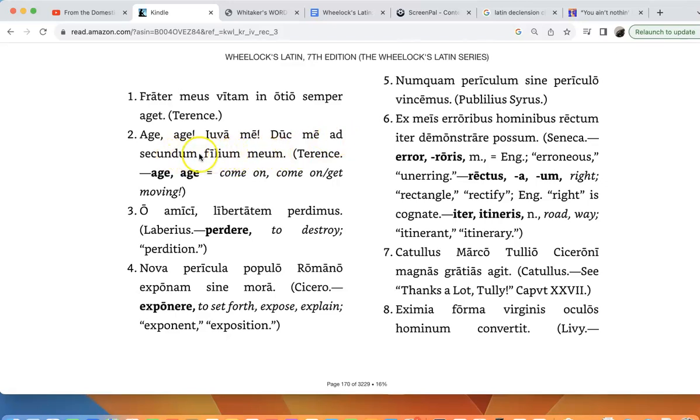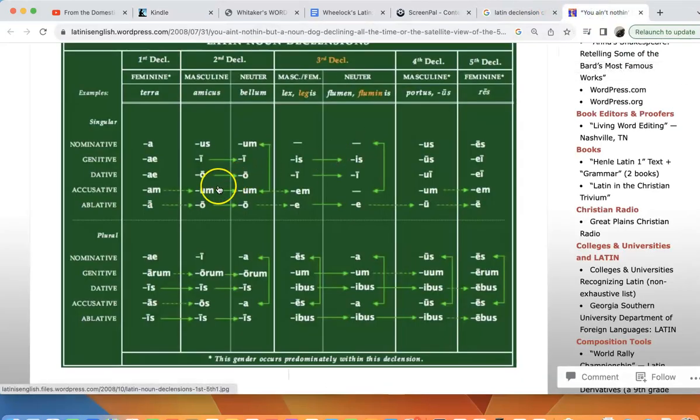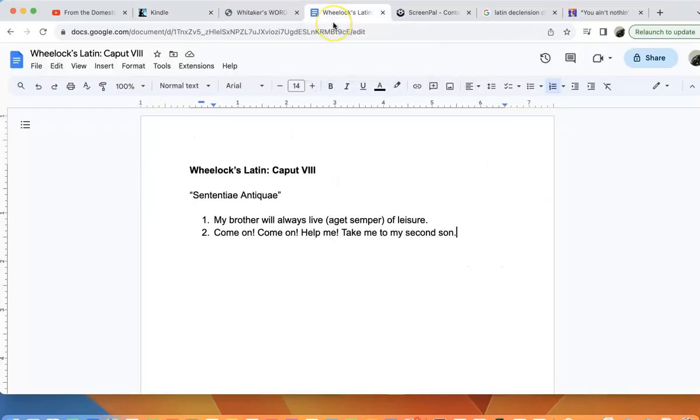Notice to my second son, ad is always followed by the accusative. And so we have second declension accusative singular, which of course matches our declension chart. So that one's pretty straightforward. So much in learning a language is knowing the vocab, and you just have to look up words and practice and learn the examples.